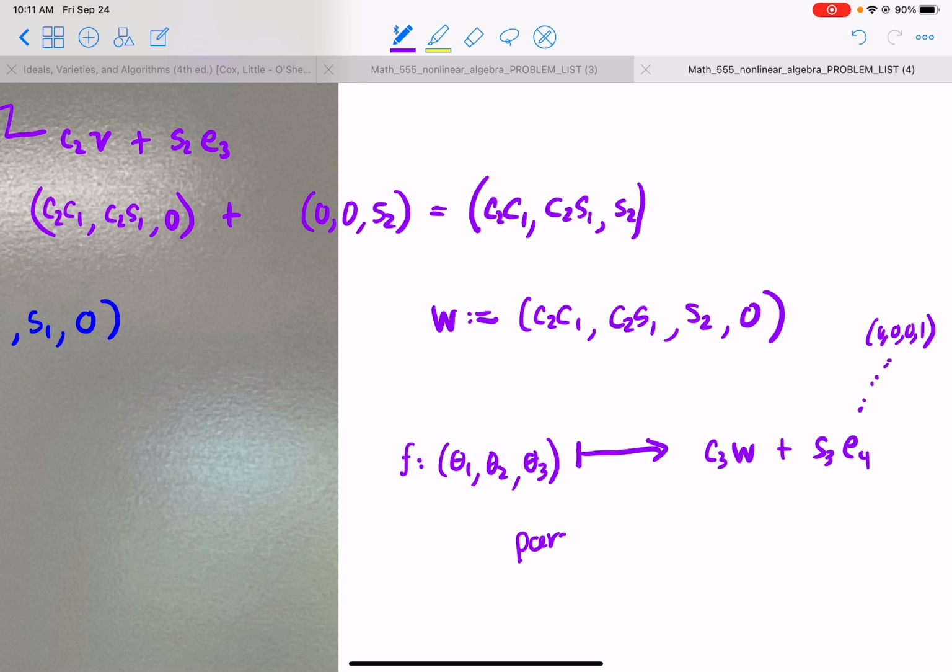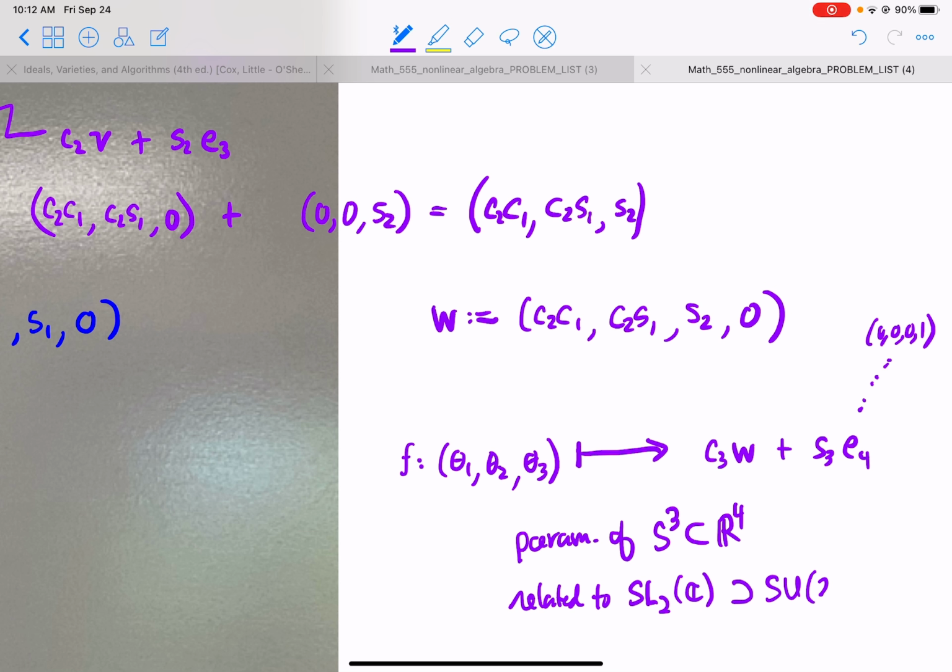Okay, so now we have a parametrization of S3, a subset of R4, related to the group SL2, whose maximal compact subgroup is SU2, and you can disregard this if you're uninterested.